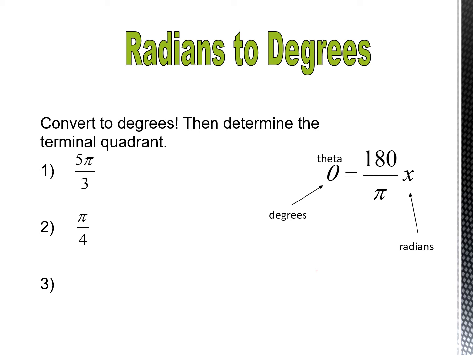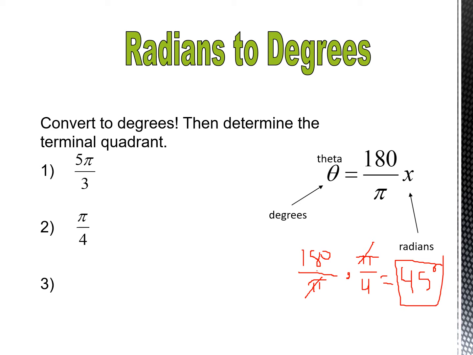Same thing. 180 divided by pi times pi over 4. The pi's cancel out. 180 divided by 4 is just 45 degrees.